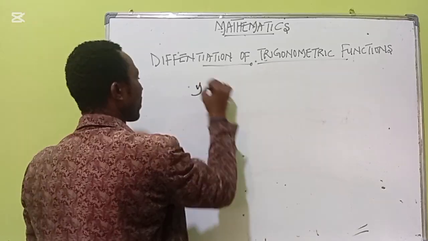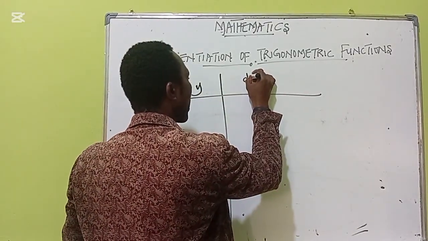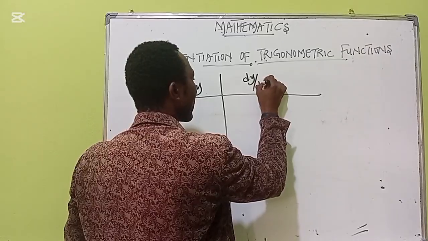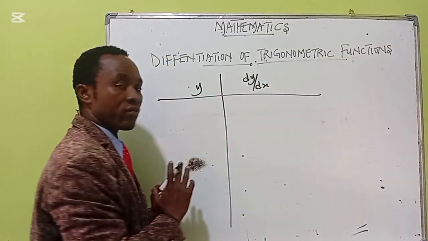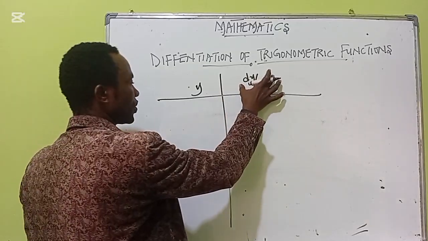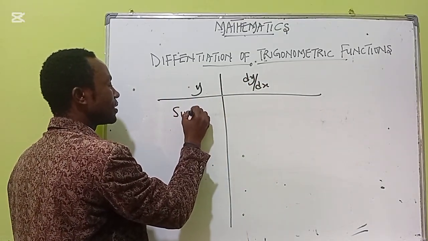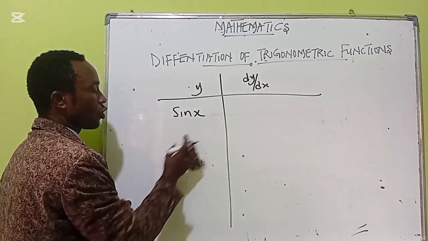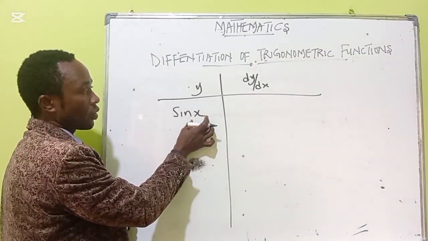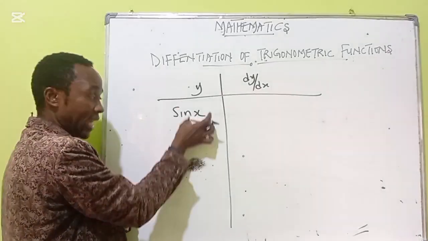Now, I'll have the values for y, then I have the values of dy over dx, which is the differential. This is the y, this is the differential.